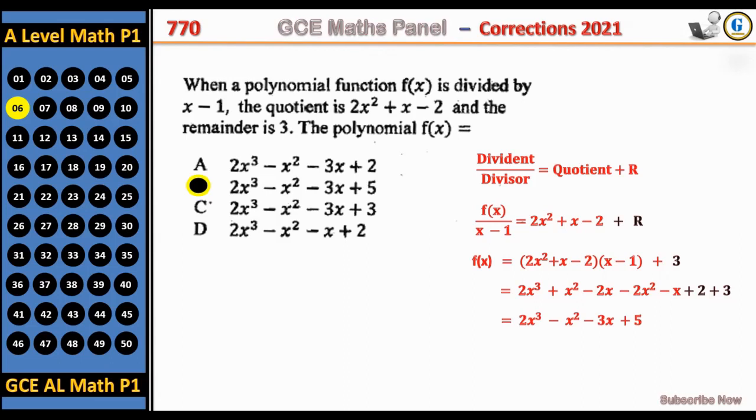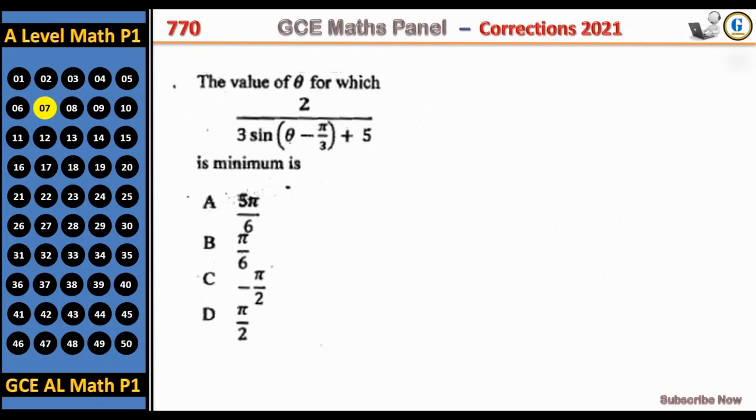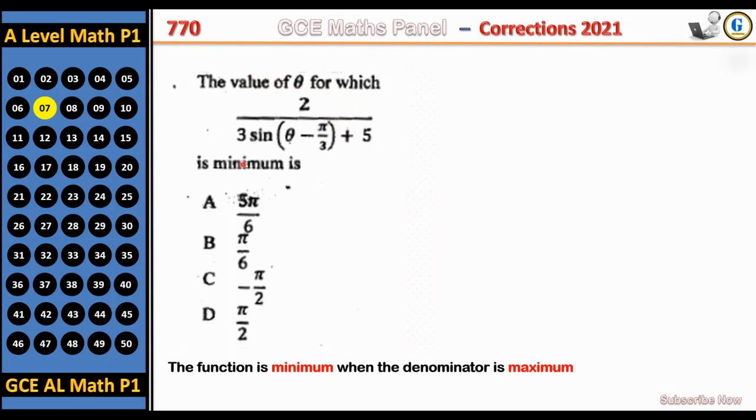Question 7. The value of theta for which that expression is minimum is. Here, the function is minimum when the denominator is maximum. So when this denominator is maximum, this function will be minimum.